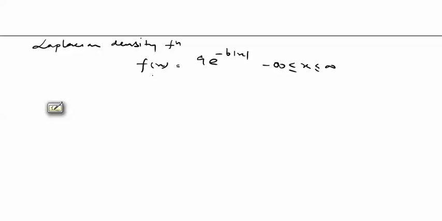Next is the Laplacian density function. For the Laplacian density function, f(x) is a e power minus b mod x, from minus infinity to infinity. This mod term can be further solved by considering x greater than 0 and x less than 0.